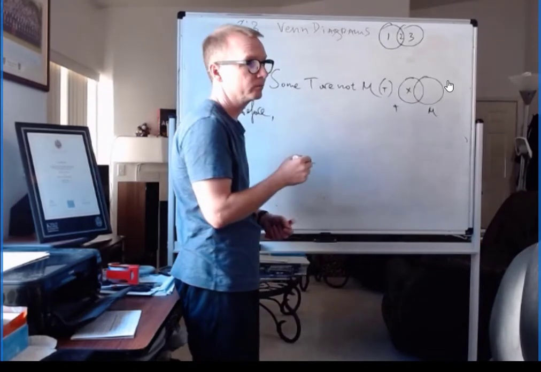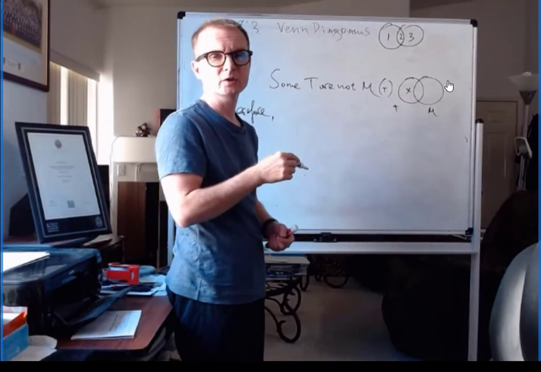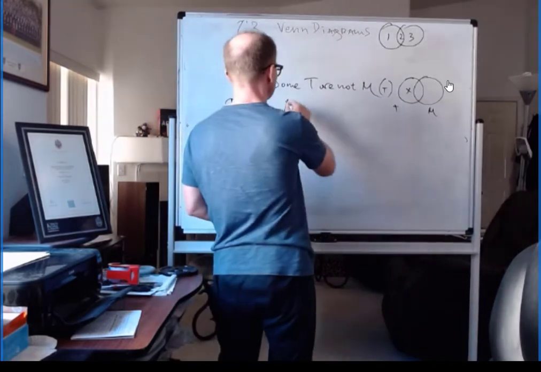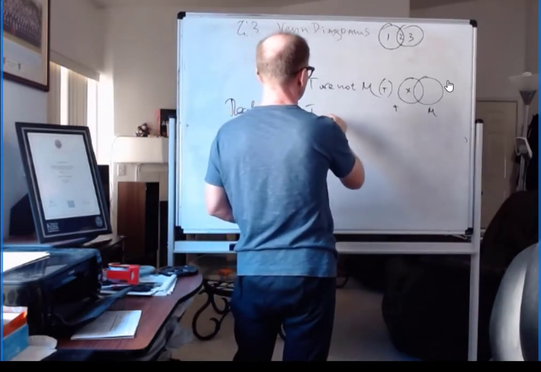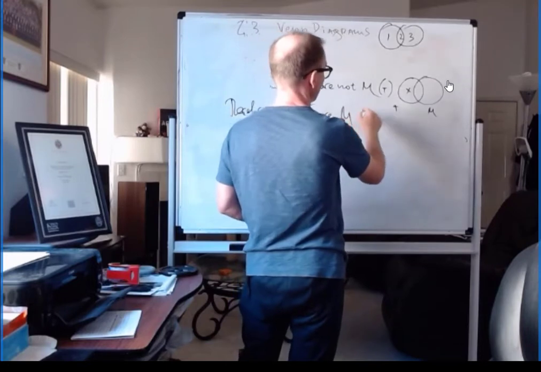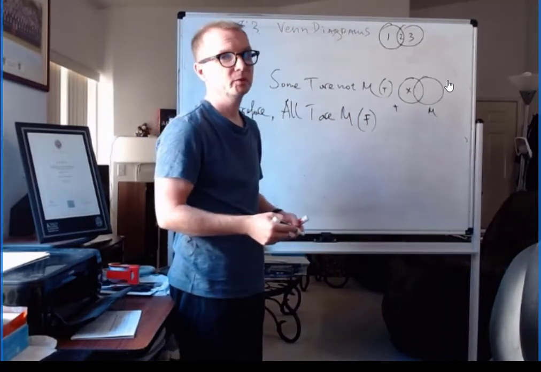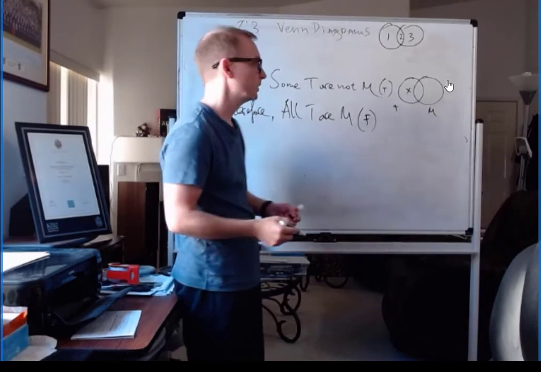Well, we will put false at the end because it's a little less confusing this way. All trade spies are false. I prefer to put it at the end. I think it may be a little more confusing to students when it's at the beginning.